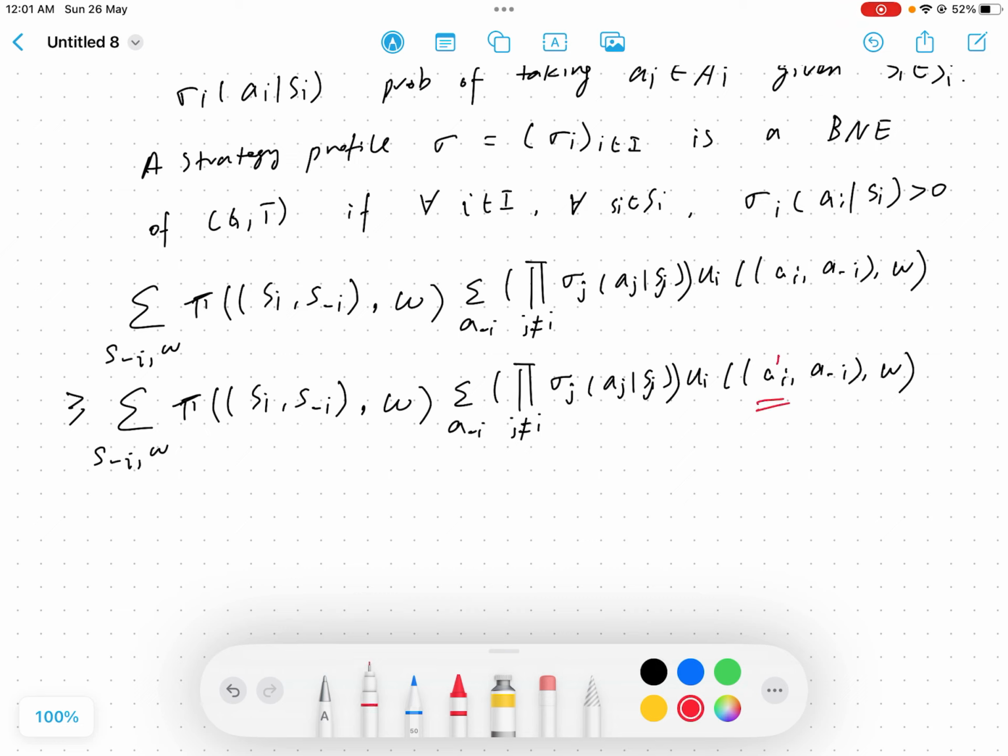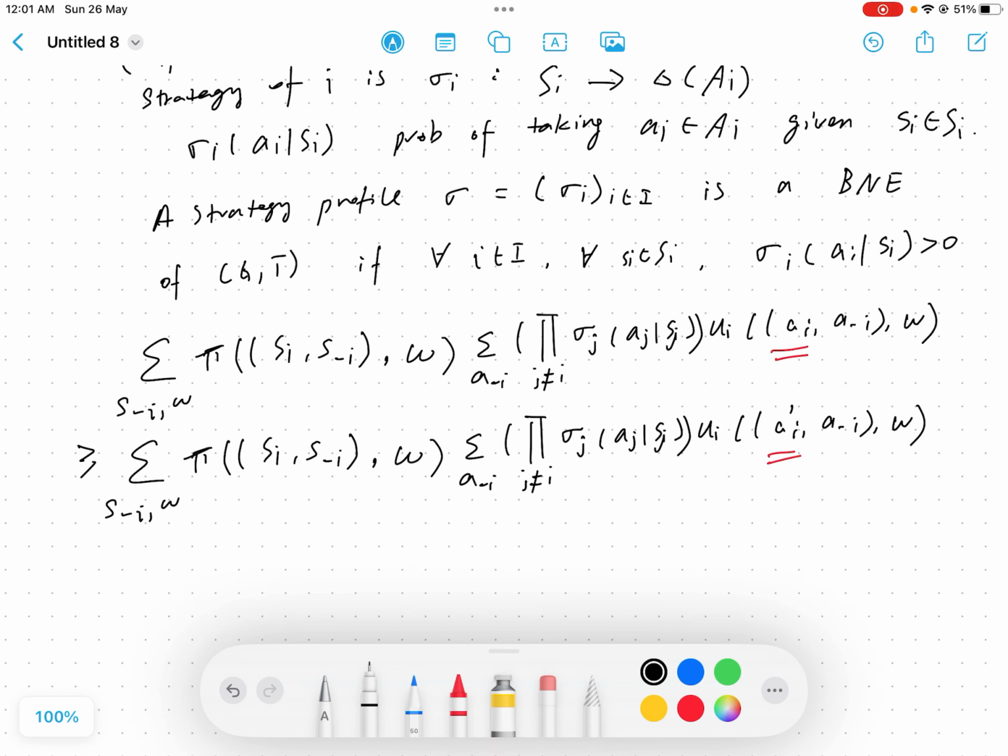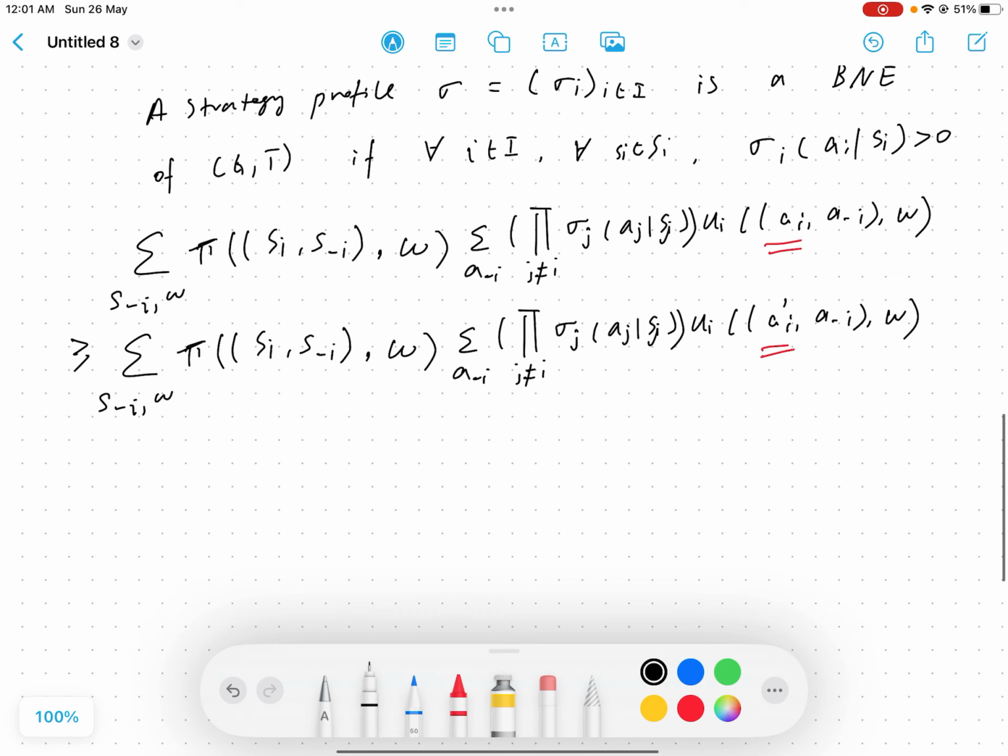The only difference is this part. That's the detail, the definition of this solution concept, and this must be true for all a_i and a_i prime in A_i.